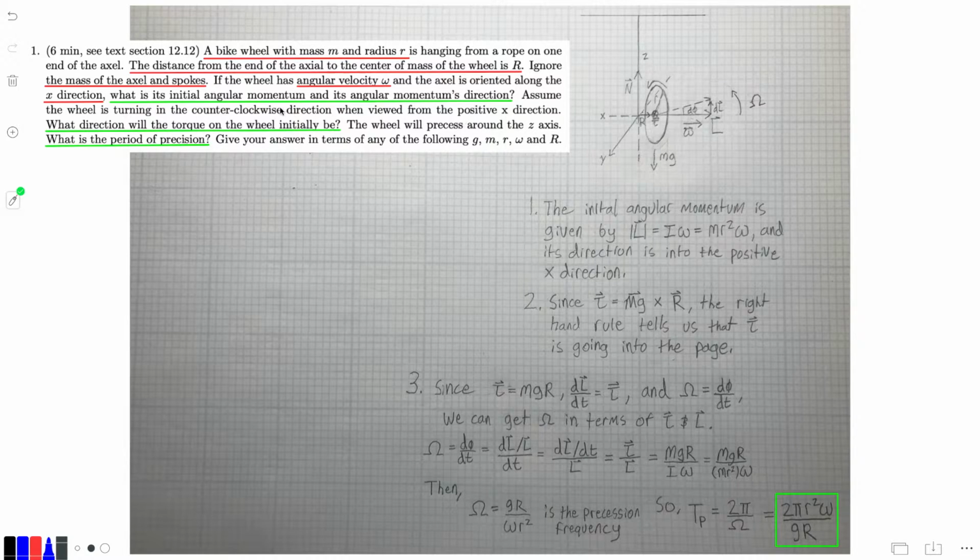So getting started with the problem here, we have our bike wheel with mass m and radius r, and it is attached by the rope from one end. As you can see, the center of mass from the wheel is r, and we're ignoring the mass of the axle and spokes, which is important because from this we can decide whether or not we will be using the moment of inertia for a disk or for a kind of hollow disk or cylinder.